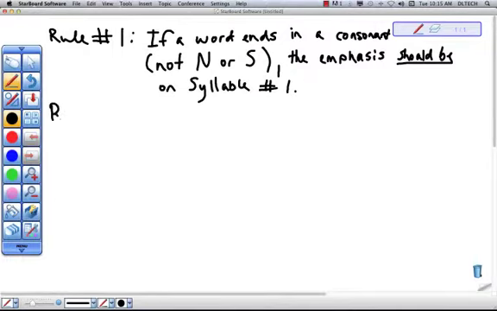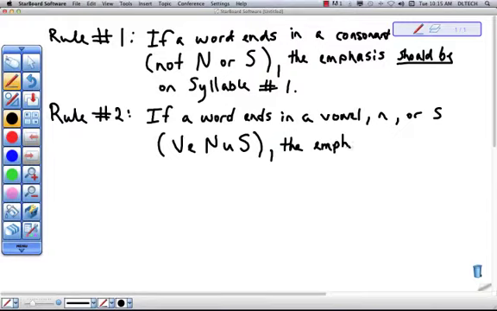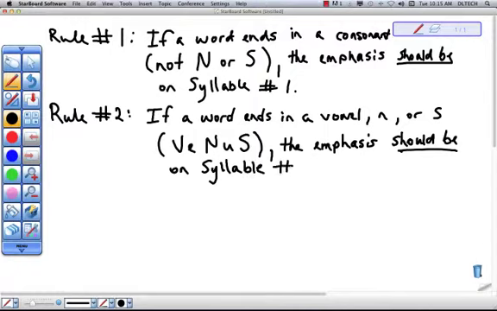So bear with me. Rule number two says that if a word ends in a vowel, an N, or an S, and I remember this by the word Venus, vowel, N, or S, the emphasis should be on syllable number two.